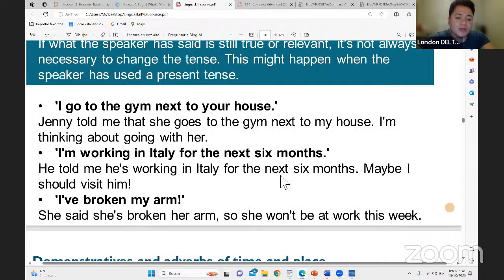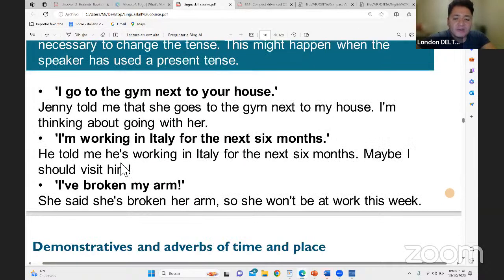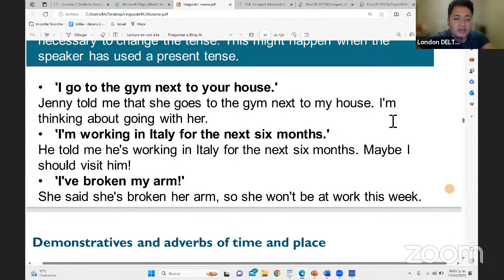Okay, the next one, you see, I'm working in Italy for the next 6 months. Me dijo que él está trabajando en Italia. No decimos que él estaba, porque podría darse a entender que esos 6 meses ya pasaron. Okay, it depends on the situation. Si después de esto ya han pasado pues mucho tiempo, más de 6 meses, so maybe you can use the past. He told me he was working because he's not working in Italy anymore.